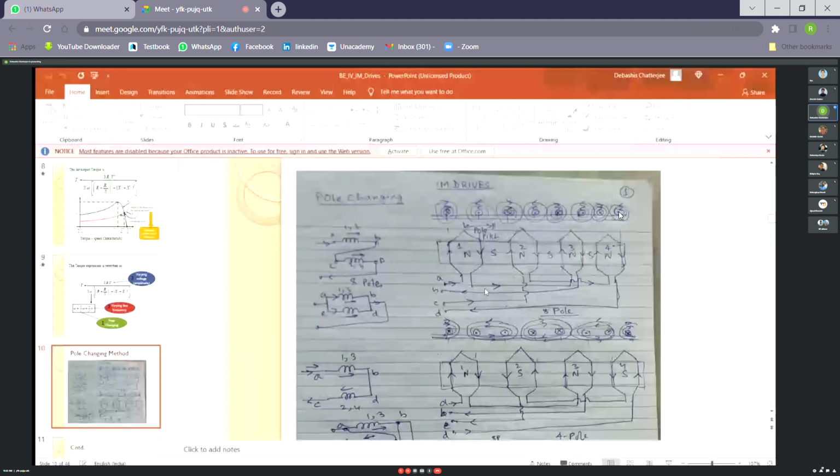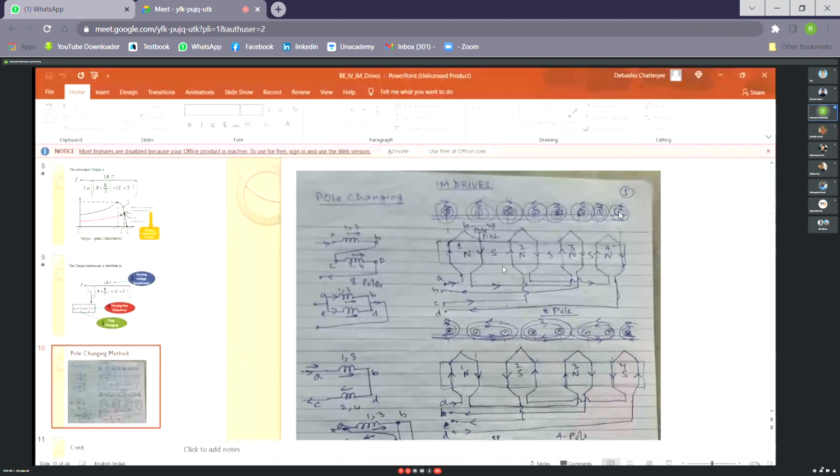If you assume that anti-clockwise rotation of current is, say, south pole, right? The clockwise rotation will be north pole. Then see, we have shown some winding cross sections, and then the formation of poles. Say clockwise rotation here, you see north pole. Then after that anti-clockwise is south, clockwise again north pole.